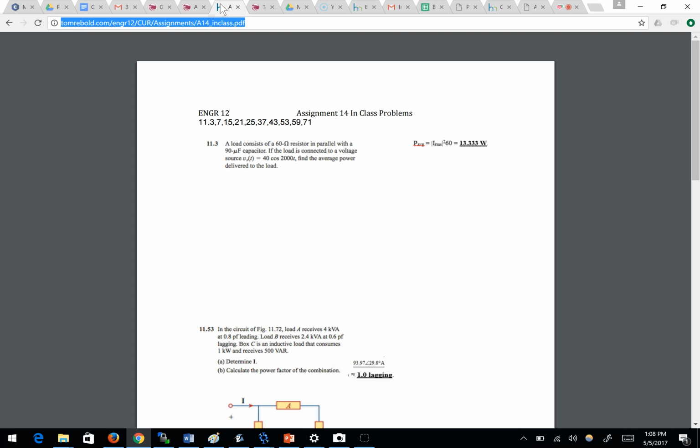That's probably about right? 40 squared divided by 60 is 266. It's 120 though. 40 squared over 120, not 60. Oh, you're right. So 40 squared divided by 120, 13.33.